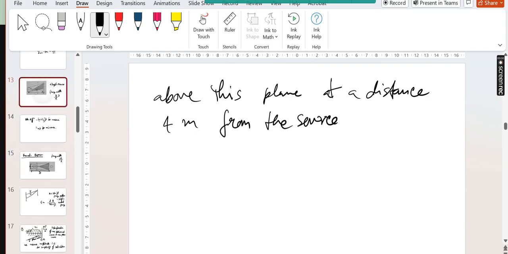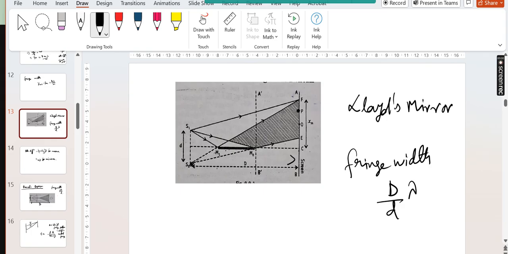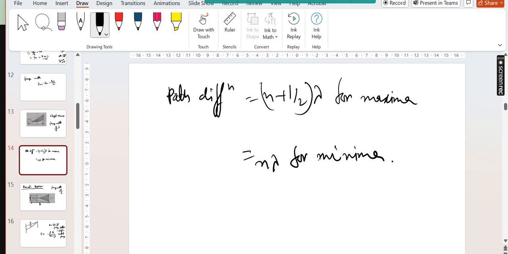So in this question, we say that P is basically the position of the first maxima and CP is x. Then we need to know that S2P minus S1P should be lambda by 2, because for n equal to 0 we'll get the first maxima.